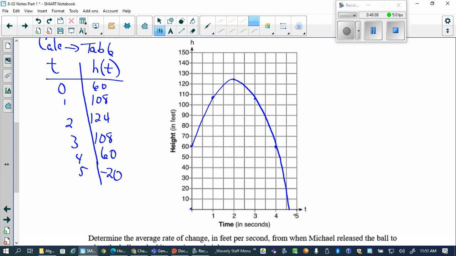So we understand how to get the graph from a table of values. If you wanted to see this on your calculator, you just change your x to go from 0 to 5 and your y from 0 to 150, like they have there. We're assuming it's not going to go 20 feet. You're only going to be interested when it hits the ground.